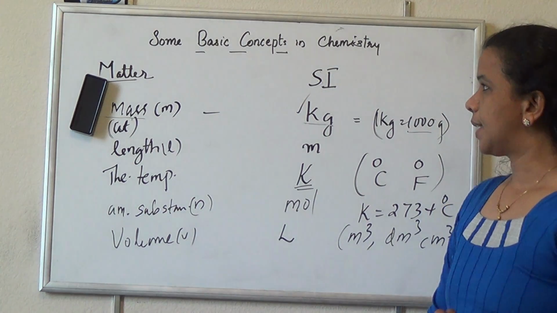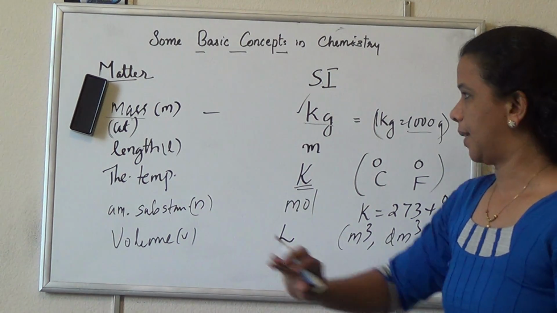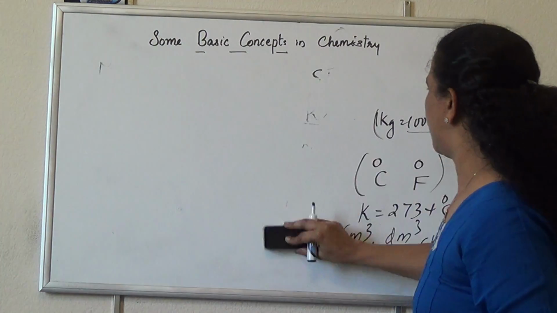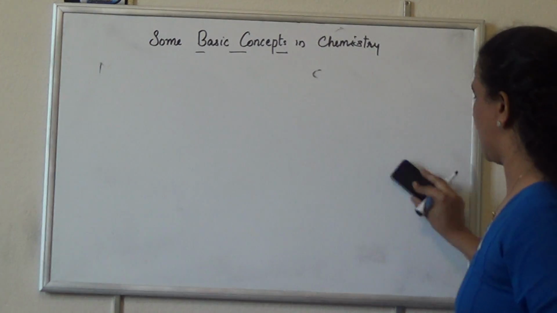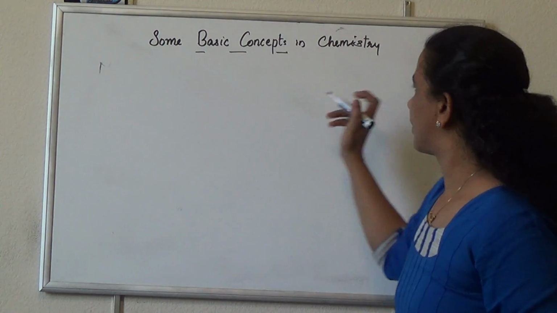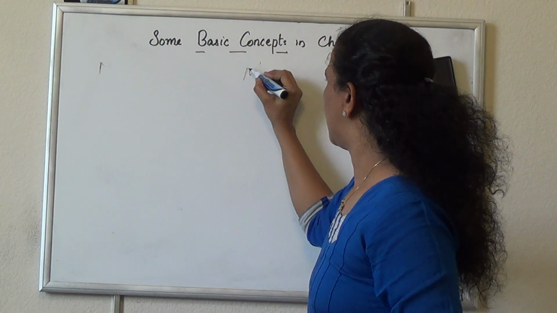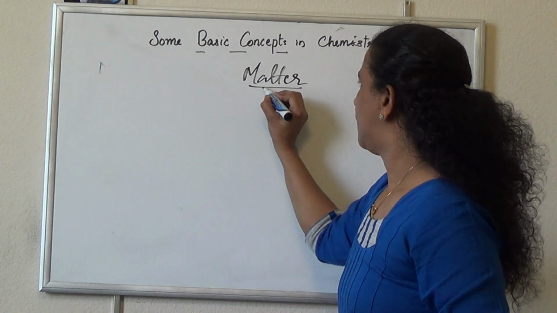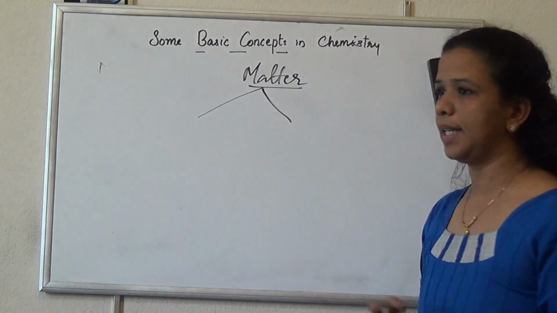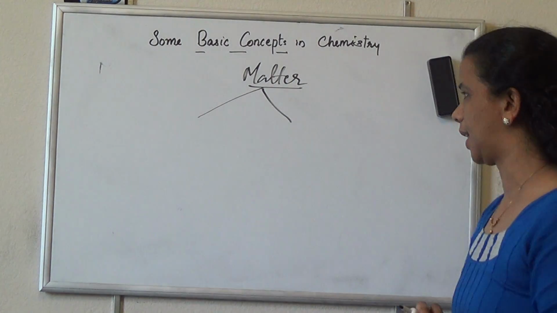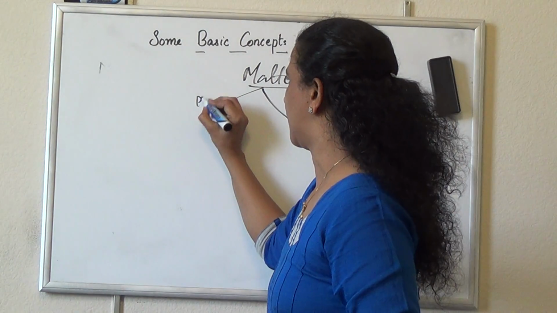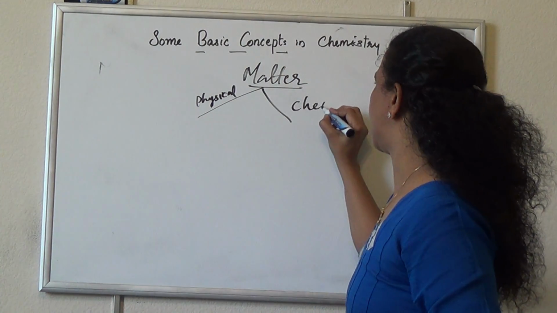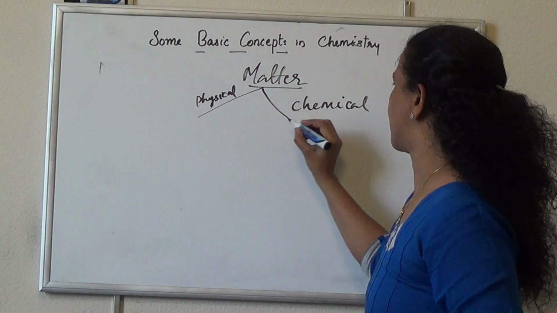Next we will discuss the classification of matter. There are two classifications of matter, physical classification and chemical classification.